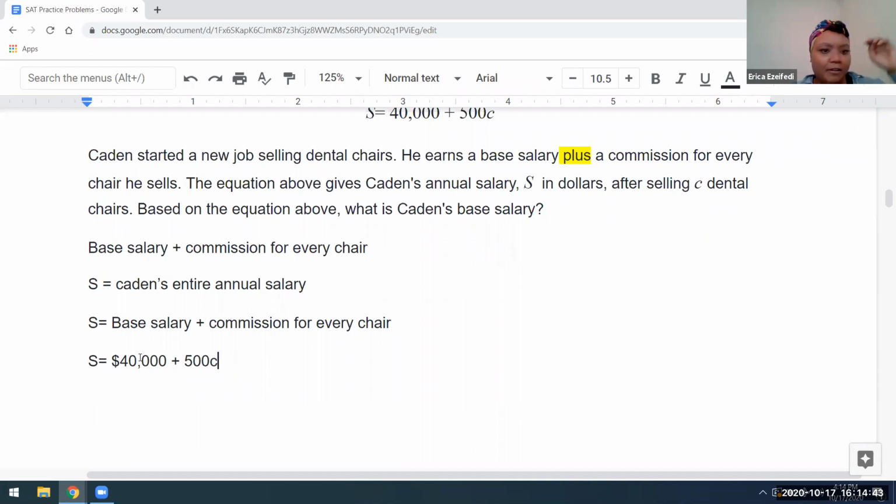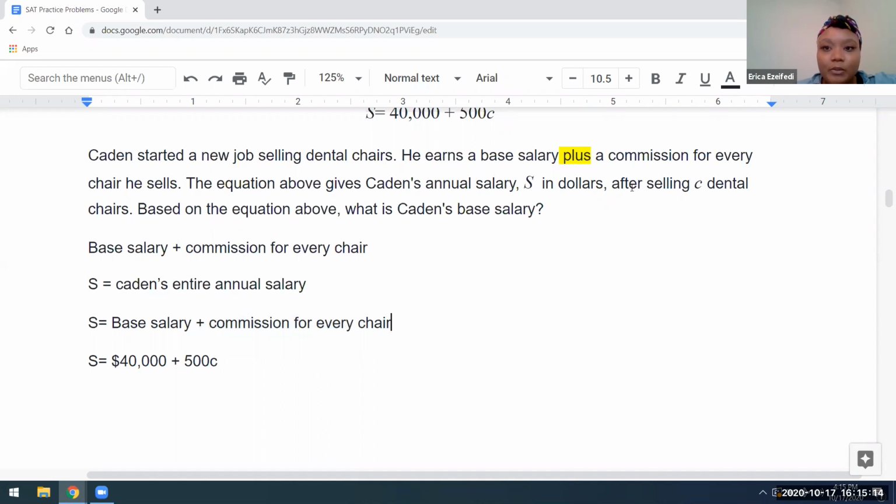So we can just match up what each part of this equation is. We have S and S is equal. We're comparing these two statements because they're saying the same thing. S equals the base salary plus commission for every chair. When you have the phrase commission for every chair, that means we're going to be multiplying something by something.